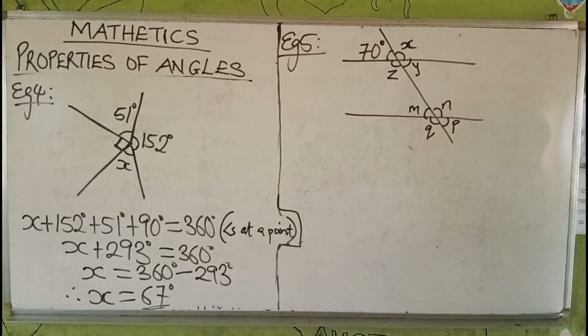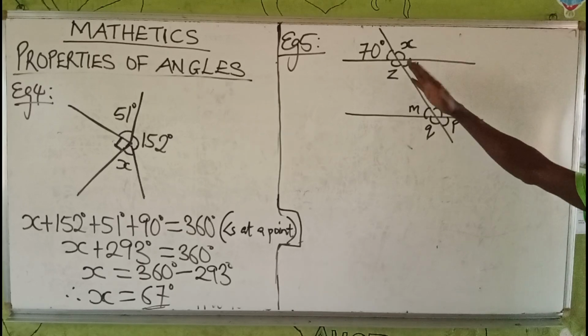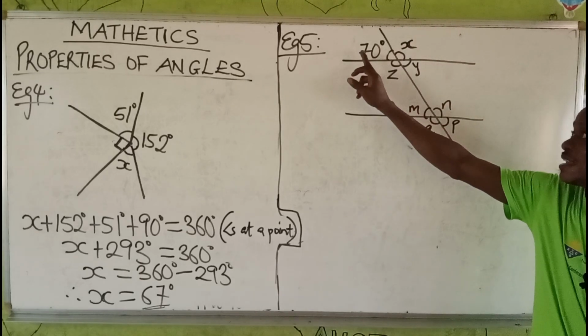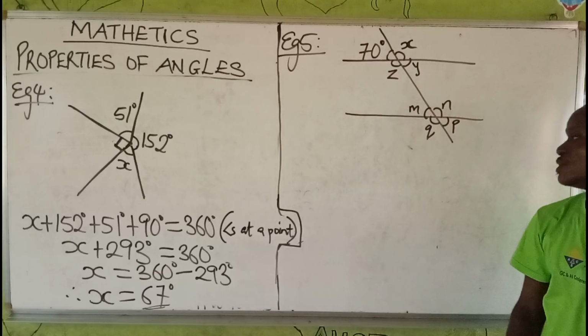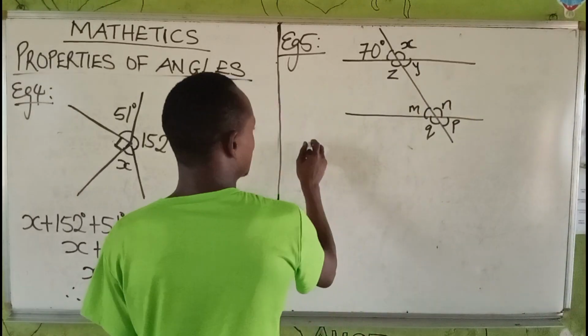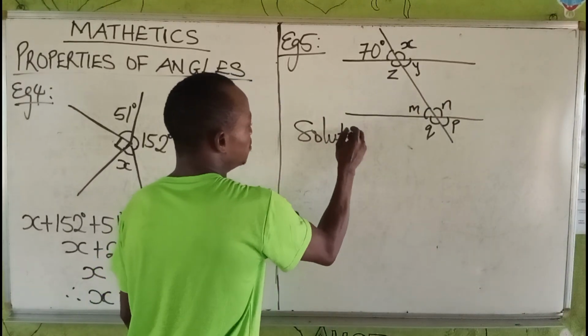Okay. Now let's look at example 5. In example 5, we have 8 different angles, and only one of them is known. And that is this angle that is known as 70 degrees. Every other angle is lettered, and we are to look for the lettered angles. Now, without waste of time, let me just start solving.